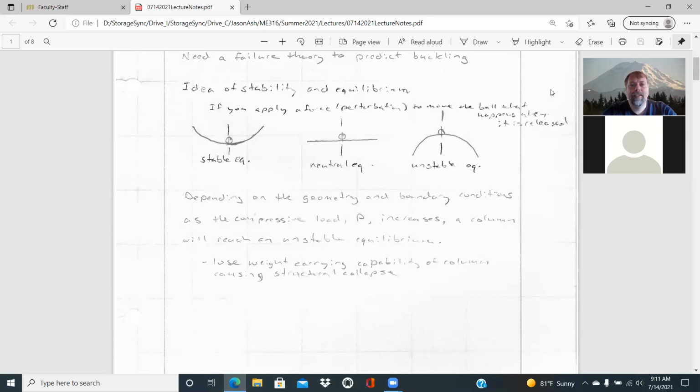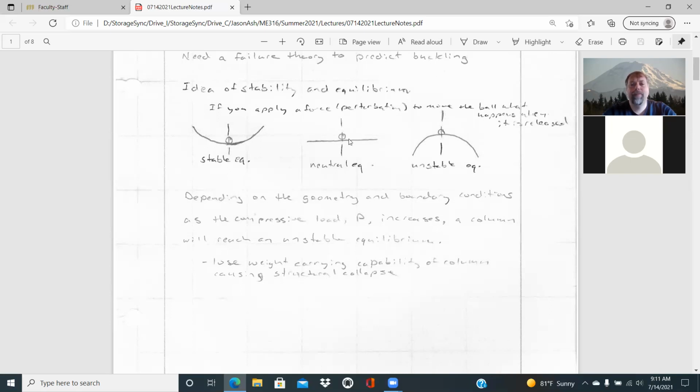But if you're looking at stability and equilibrium, we have a couple examples of, say, just a ball in a bowl shape, which would be a stable equilibrium. If you apply a force to the ball, a perturbation, and you move the ball away from the ideal point here in the center, when you let that go, it'll return back eventually to that ideal position. So that's a stable equilibrium position.